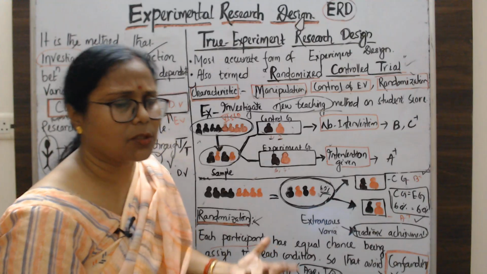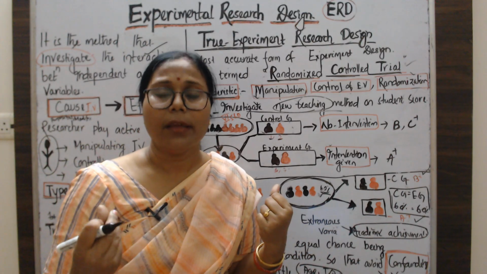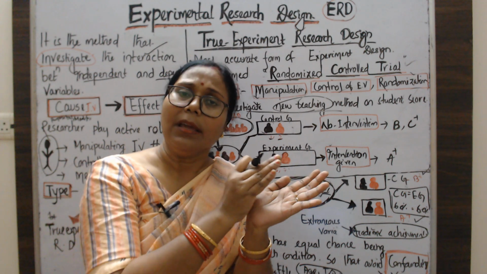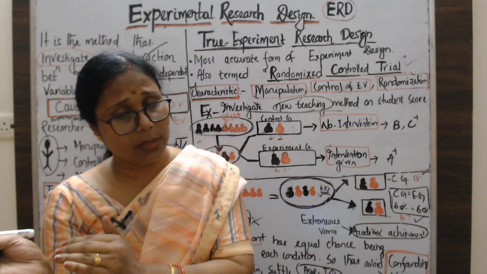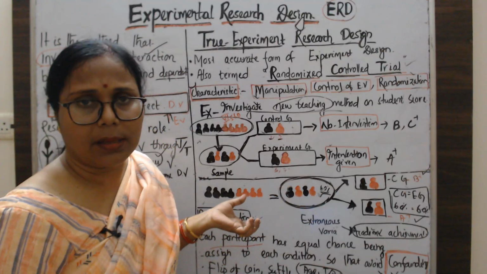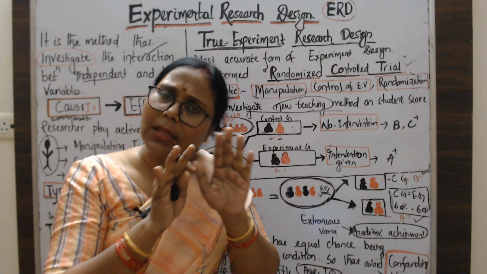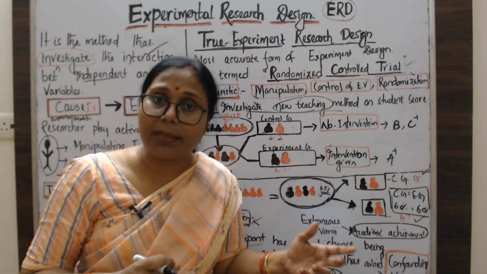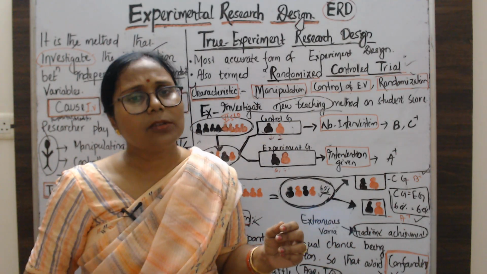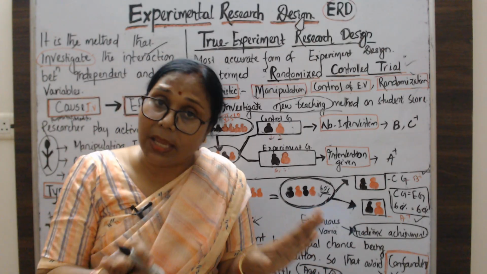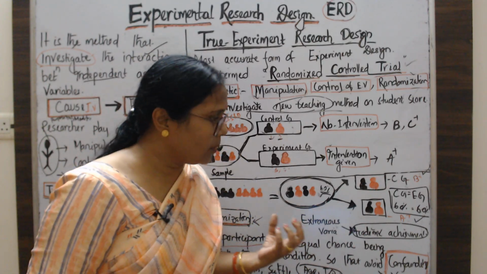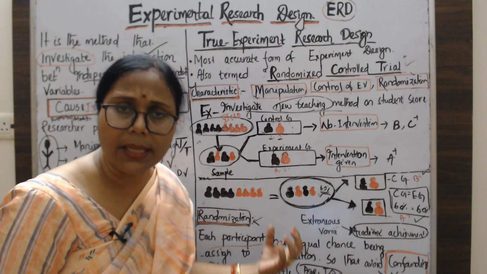So what is randomization? It's a random selection. You take both the control group and the experimental group, with the students as the subjects, and they are identical, with the same characteristics, but the difference is that the control group does not receive the intervention and the experimental group does. We randomly select some of the students for the control group and some for the experimental group.